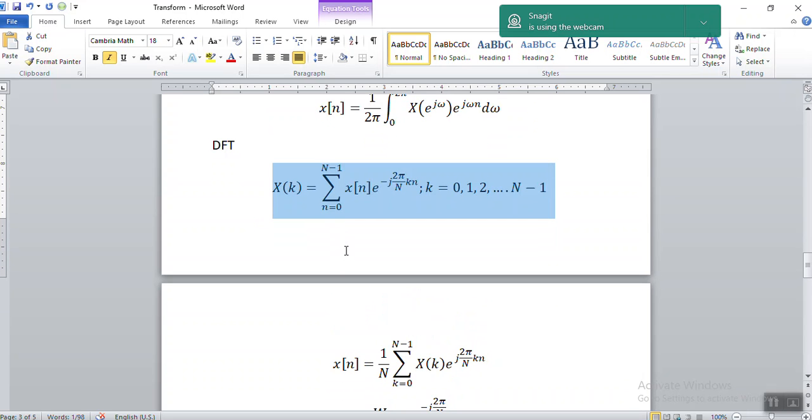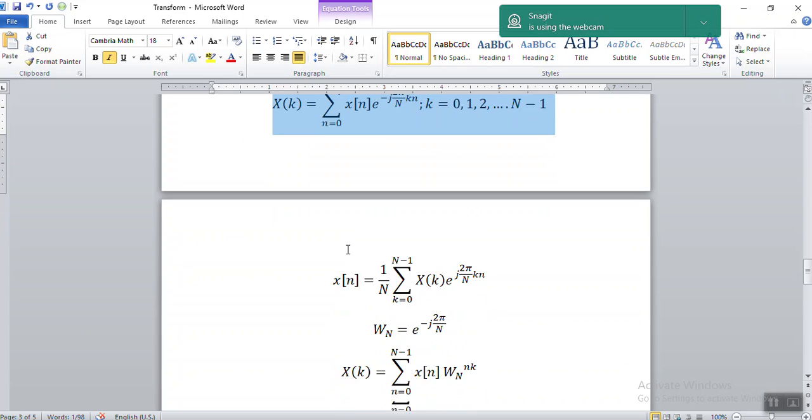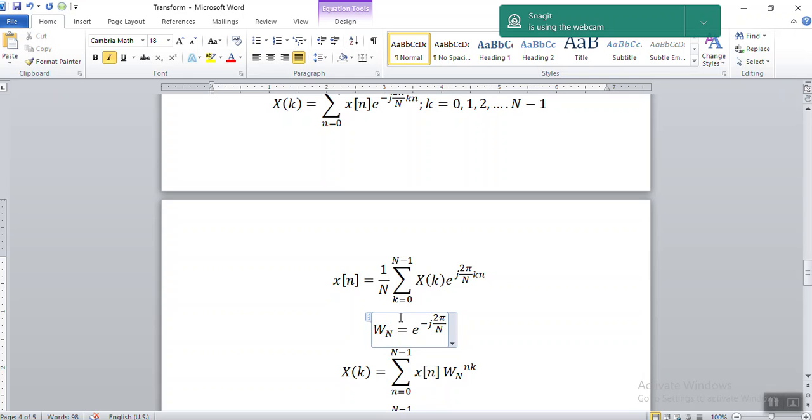Symmetric means W N to the power k is equal to W N to the power minus k, and periodic means W N to the power k plus capital N is equal to W N to the power k.